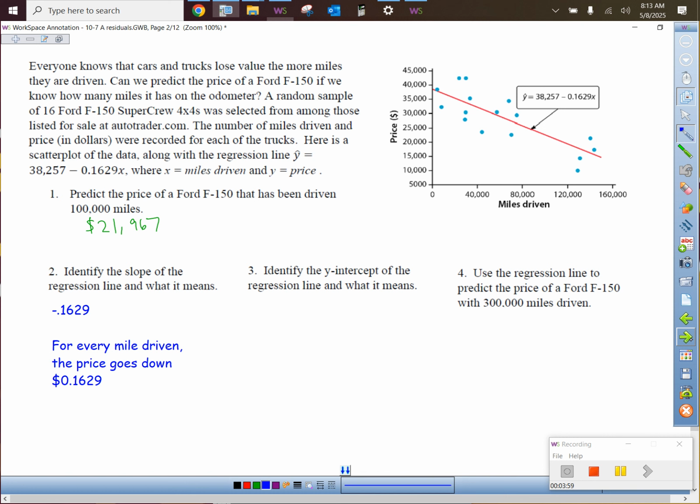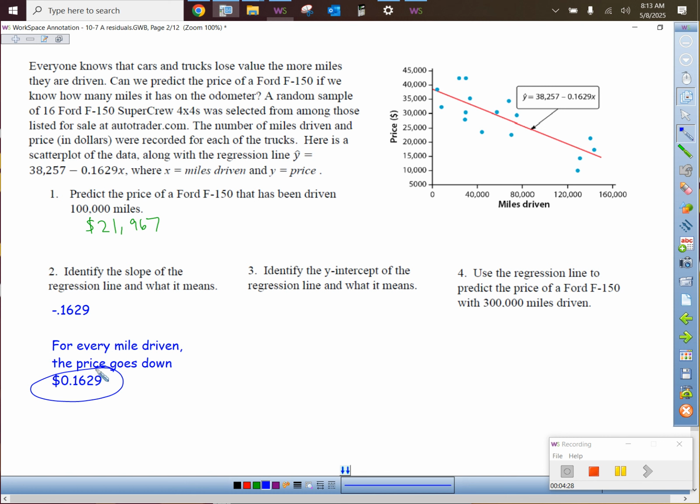For every mile that you put on this truck, you basically decrease the price by about 16 cents. For every mile driven, the price goes down. How come I didn't put a negative in front of this? What word in English means that it's negative? It's going down.